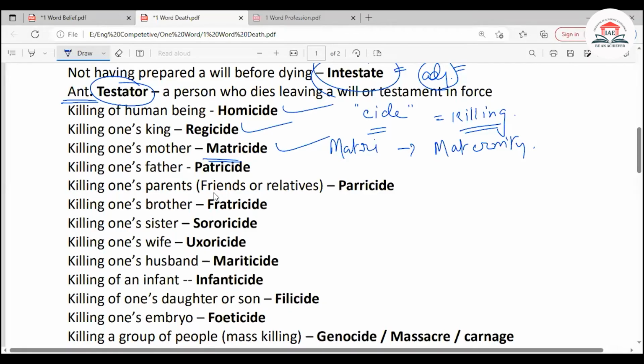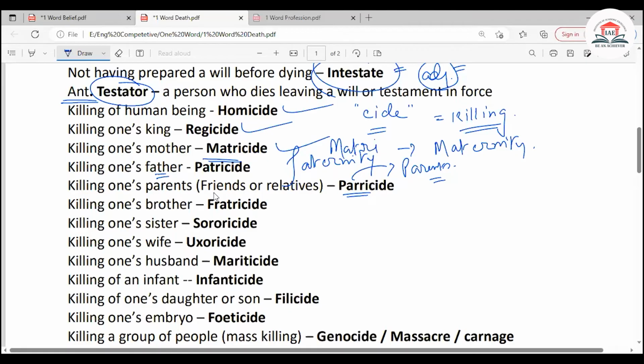Clear? Yes, sir. Next, patricide. Must be clear. Paternity. Very good. Fraternity. Next, parricide, though its origin is different. When we say parents, both father and mother, right? Parent meeting, meaning father or mother, anyone can attend a meeting. This is the origin, but the word has a change in form.